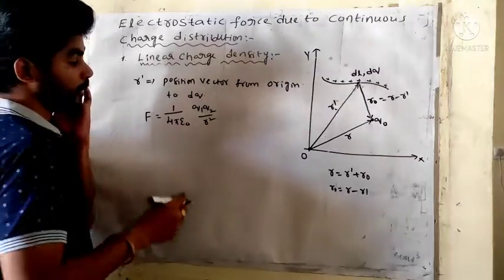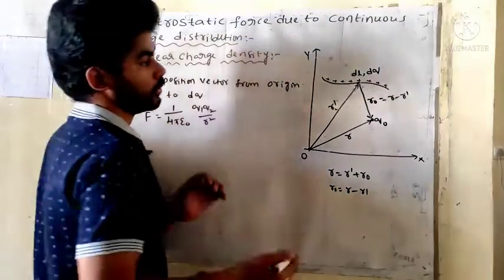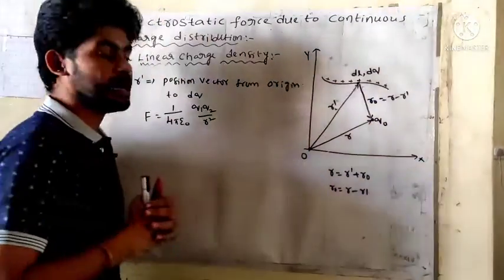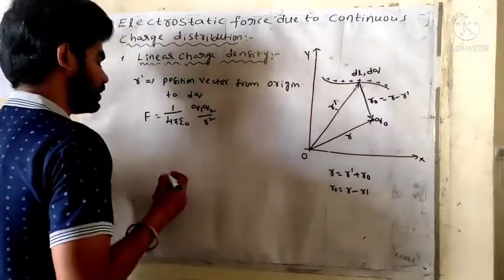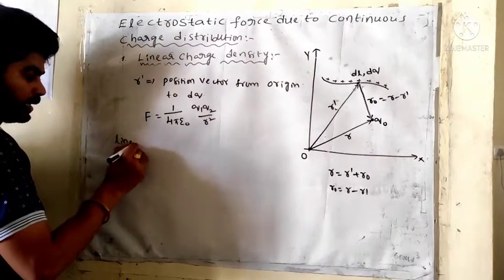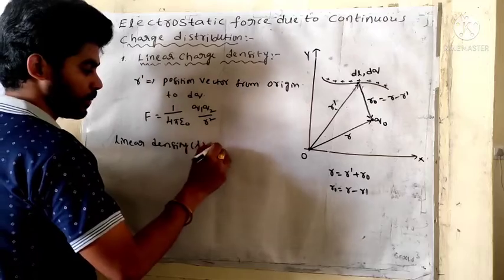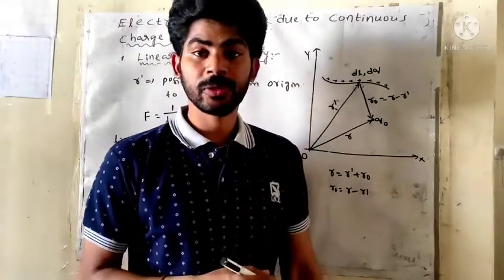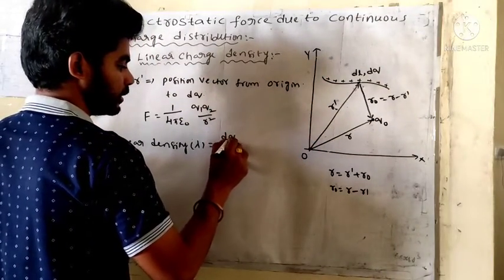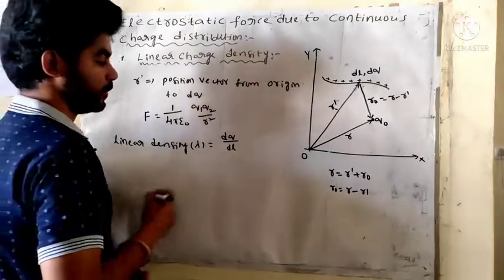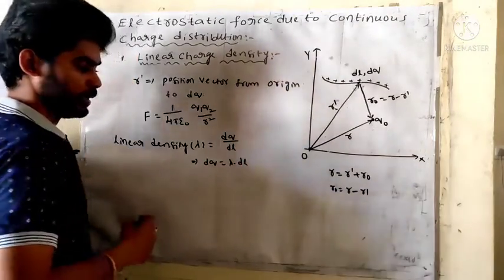Here q1 is q naught and q2 is dq. For the entire conductor, the linear charge density, denoted by lambda, is charge per unit length, that is dq by dl. So dq is equal to lambda into dl.